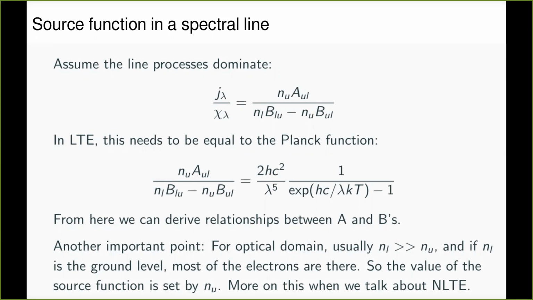What happens if hc over lambda kT is small? That becomes linear. Exactly. So if e to the hc over lambda kT is small, this is 1 plus hc over lambda kT minus 1, 1 and 1 cancel, and T flips up there.